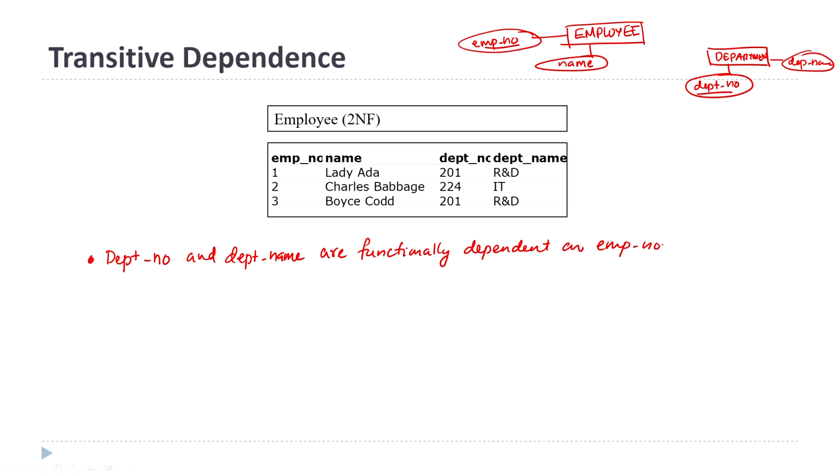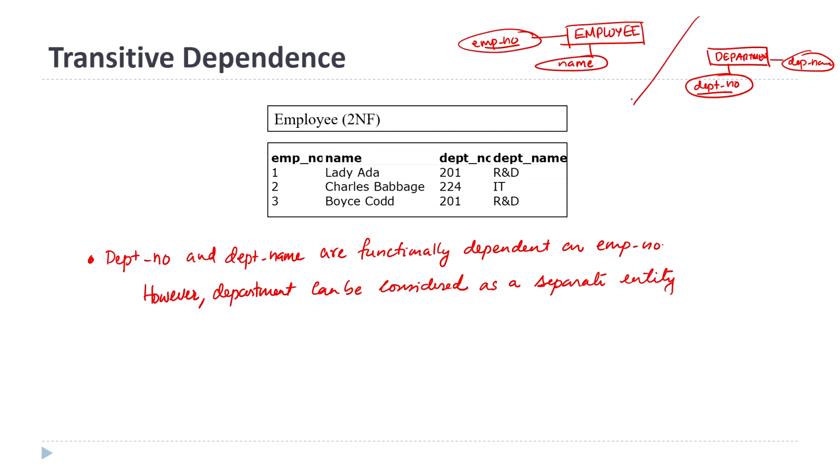They are functionally dependent because the employee tells you what department the person belongs to. However, department can be considered as a separate entity. As I showed you here, they are two separate entities, so you can consider them as two separate entities.